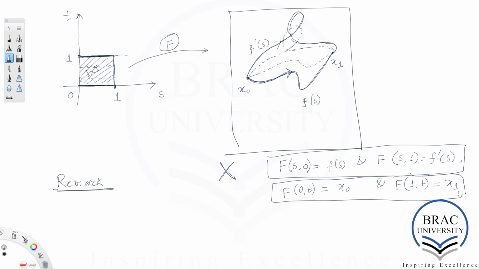So the first condition tells us that these two paths, small f and f prime, are homotopic. And the second condition puts a restriction on the initial and the final points of these two paths.